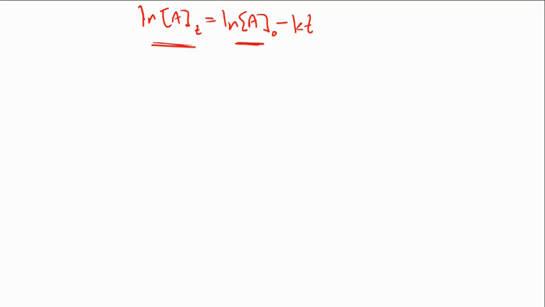Now, remember our reaction. It was A reacting to give us P with some rate constant k.